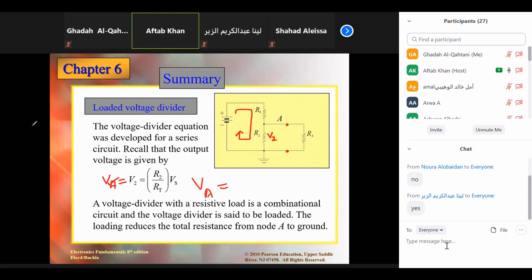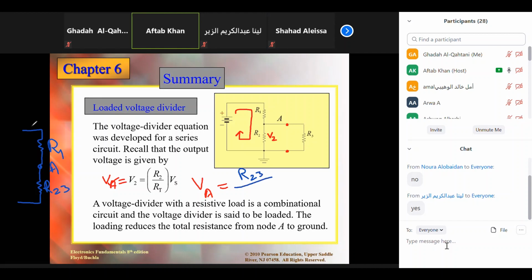If I redraw this circuit it will look like that. One resistance and the other resistance. This is R2,3 and this is now R1. This is point A. Now I can apply the voltage divider. The formula will change to R2,3 over RT, and what is RT?